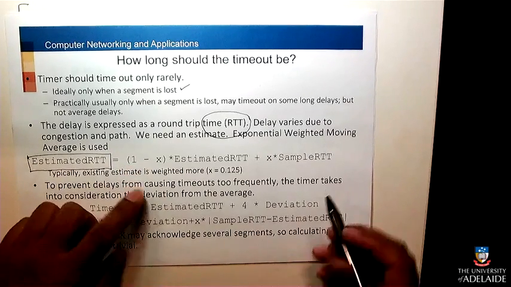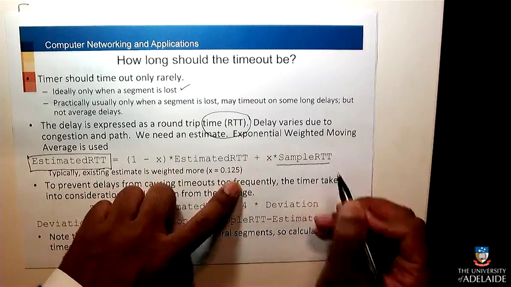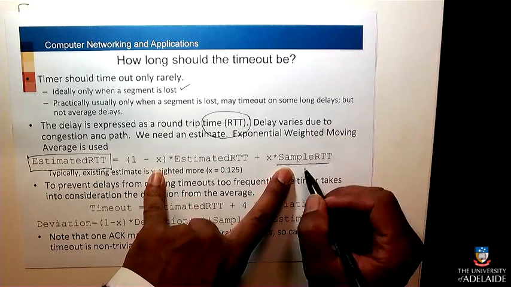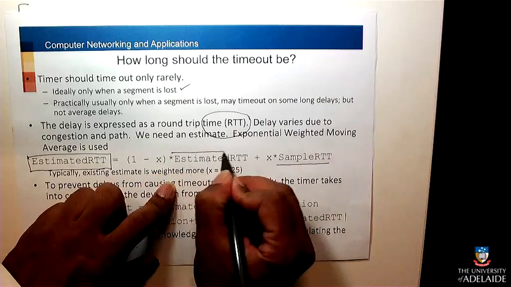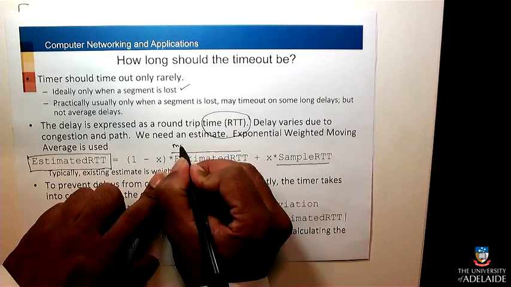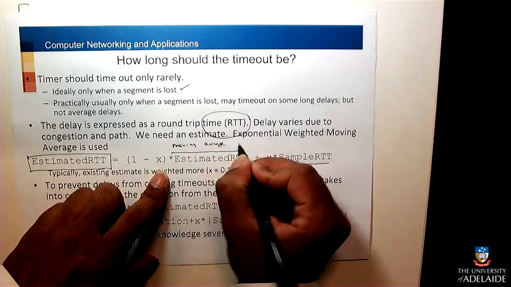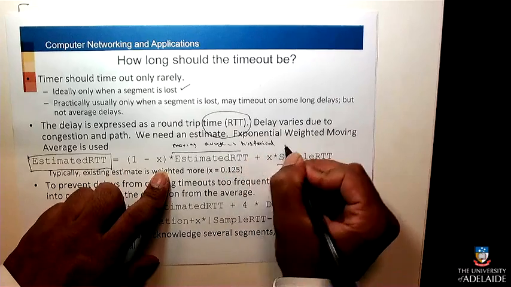So the way it does that is it measures a sample RTT, which is essentially the time between sending and receiving an acknowledgement for the current packet, and it uses a kind of moving average value. This is a historical value.